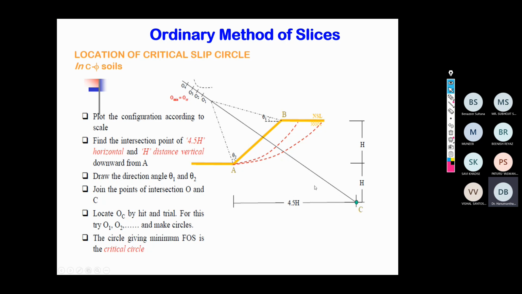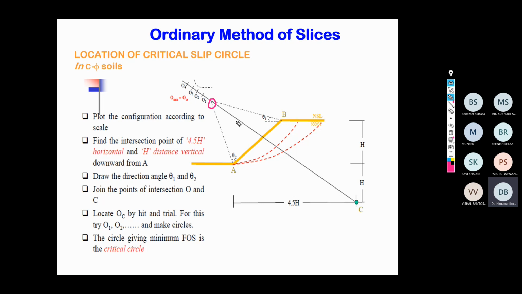Once this line is known, by identifying points I can draw any number of slip circles, as shown here by red lines, with centers O1, O2, O3, O4, etc. I can draw so many slip circles, each corresponding to its own factor of safety value.